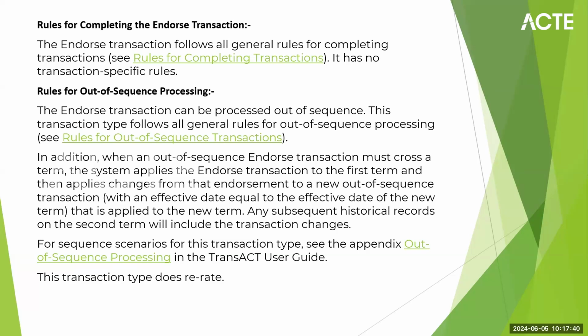Suppose you have given an effective date of 6th June 2025, then it is an out of sequence. That means the range should be between the effective date and expiration date. But if you give out of the range, then it is called an out of sequence.